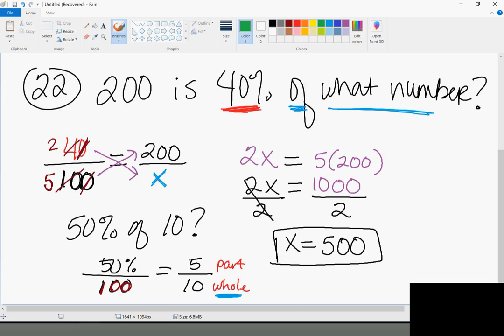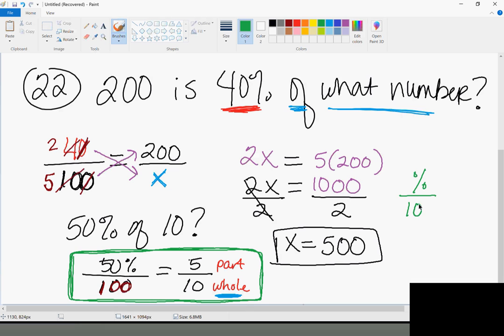But this proportion setup works for any type of percent problem where you're finding either the whole, the percent, or the part value. Just to summarize, it is the percent over 100 equals the part over the whole value.